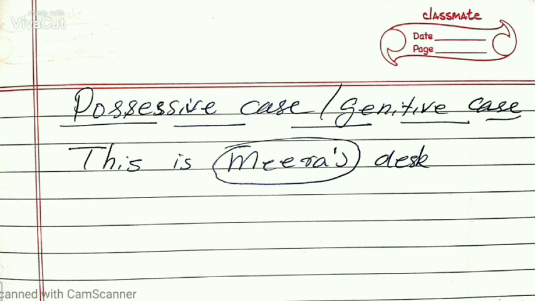Then another word is there, Mira's. Mira is a noun, and we have to show of Mira. So Mira apostrophe s is equal to of Mira. That means this desk belongs to Mira. Okay. So when we use nouns to show the possession of something, such cases are called possessive case.